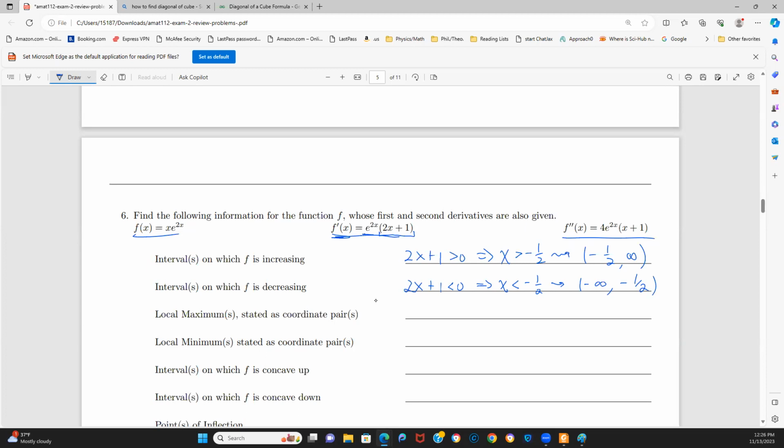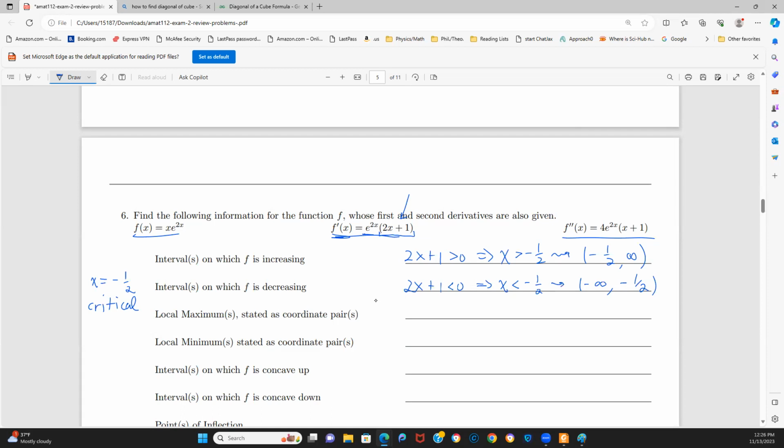All right, local minimum. So this implies that x equals negative 1/2 is a critical point. Well, we actually can see that if you plug in negative 1/2, it does make the derivative 0. So this is definitely a critical point. And so we just need to figure out, is it a minimum or a maximum?